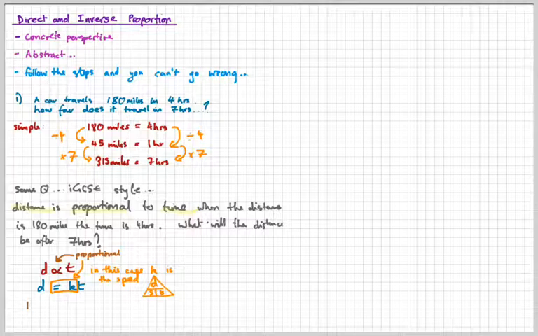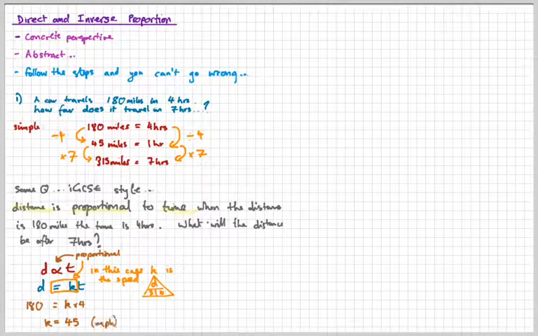Next, we know that the distance is 180 when time is 4 hours. So we could replace D and T by 180 and 4. So if 180 is equal to K times 4, that means K must be 45 if you divide both sides by 4.